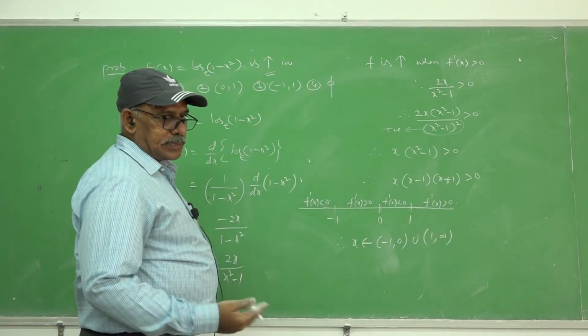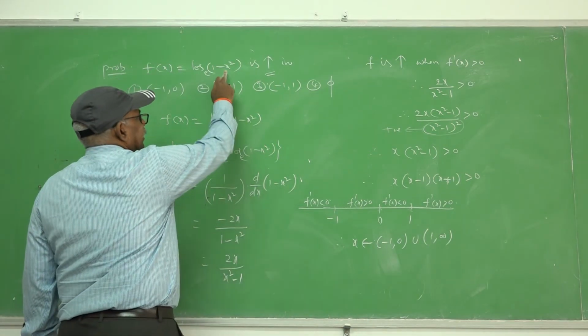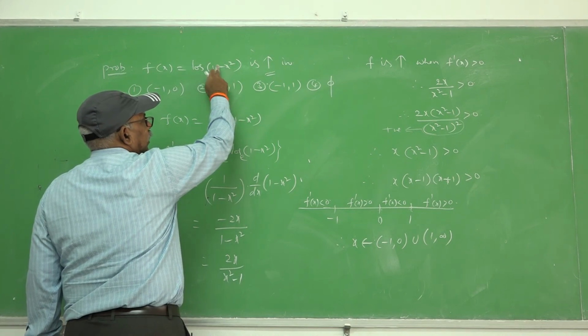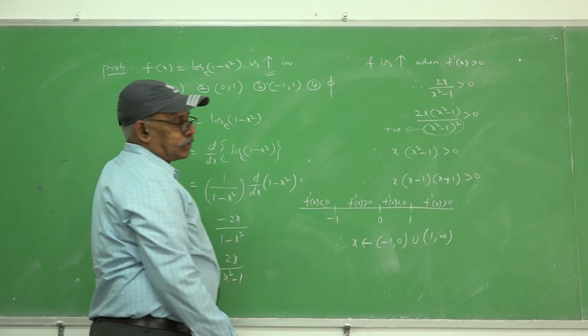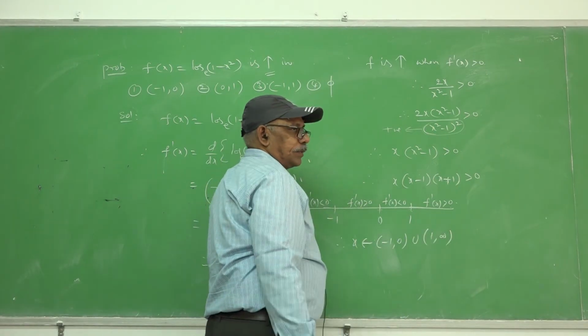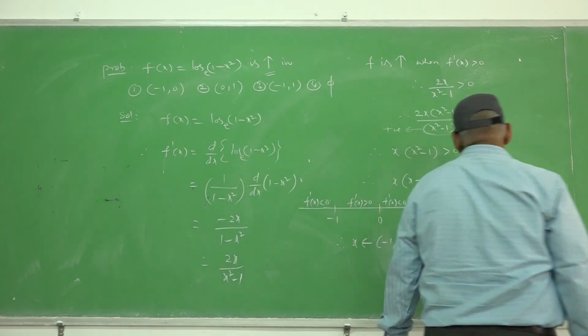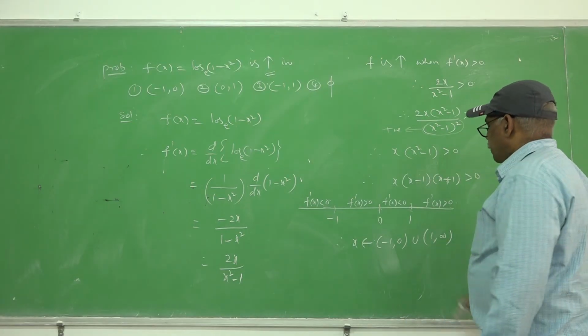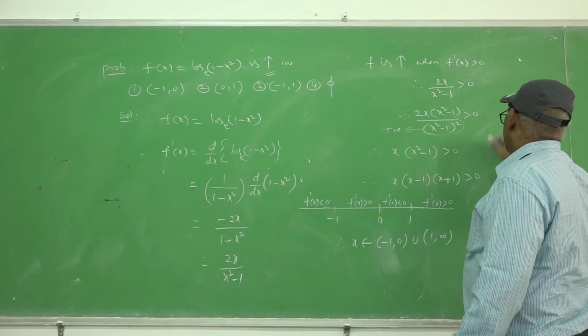But whenever x more than 1, this is negative. Logarithm is not defined. So it cannot be valid. That should be observed. The taken values must be within the domain of the function.